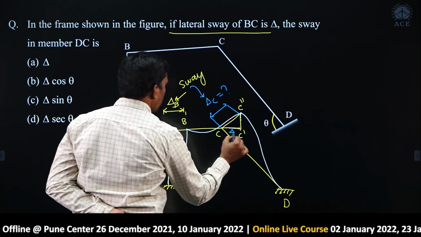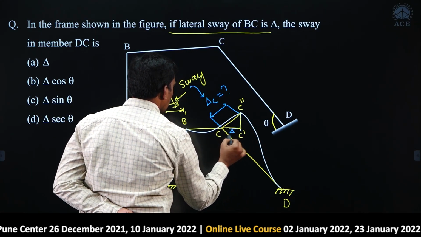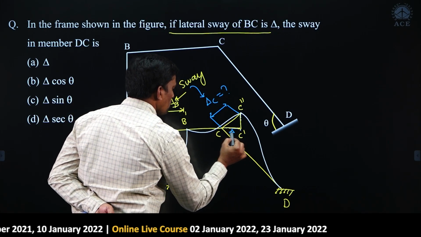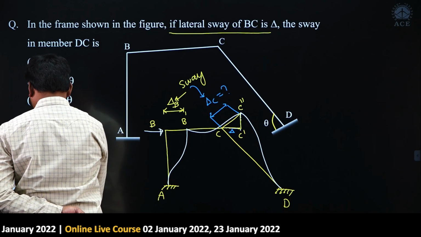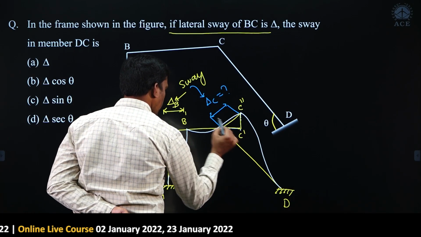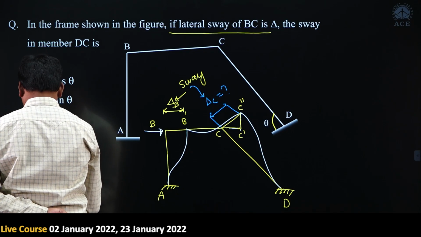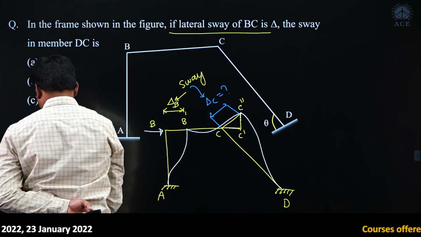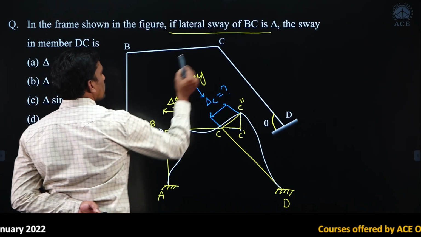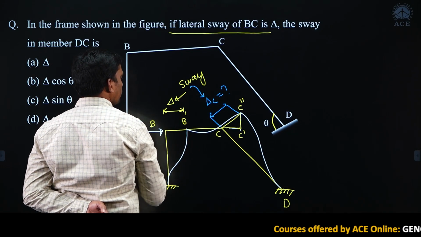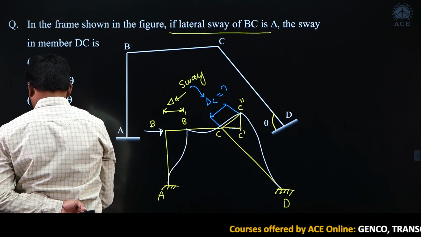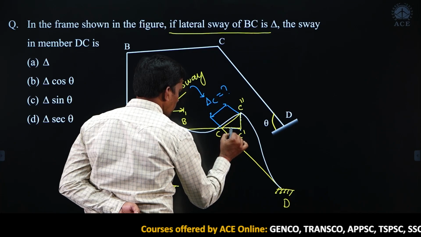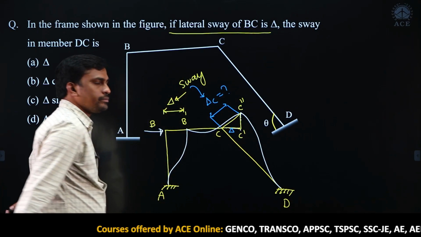Then if it is delta B, and this is given delta, right, this is the delta, and if it is delta then this is also delta.